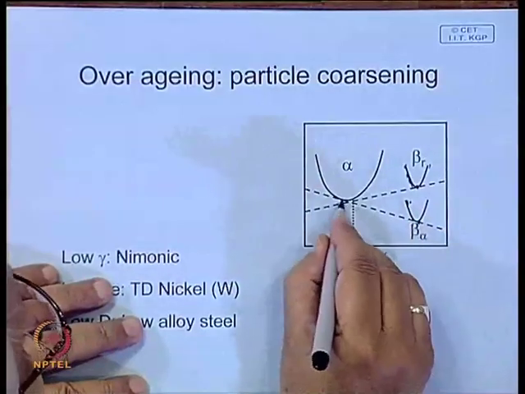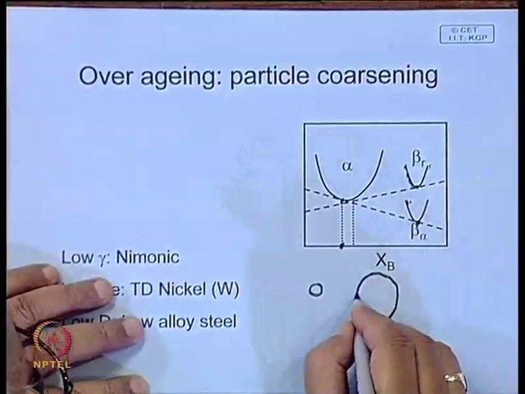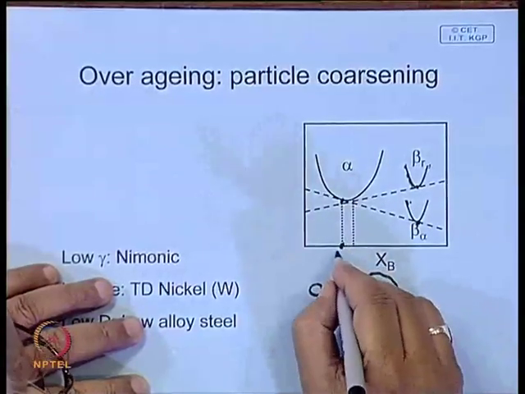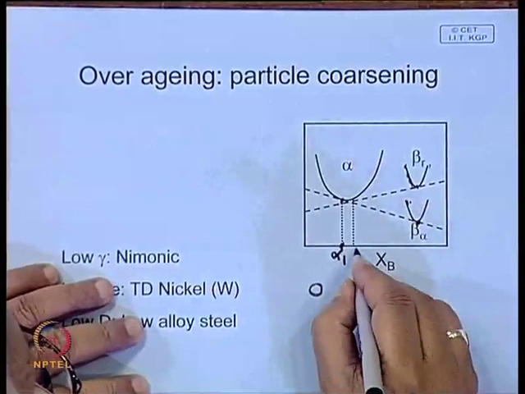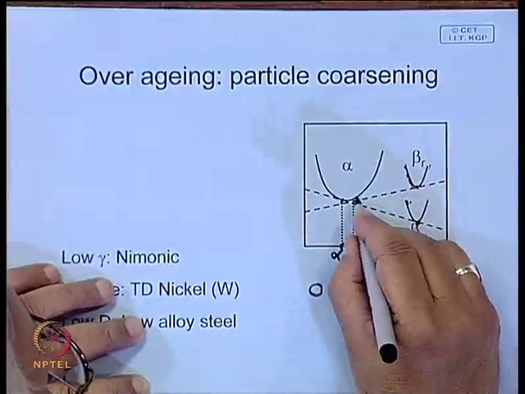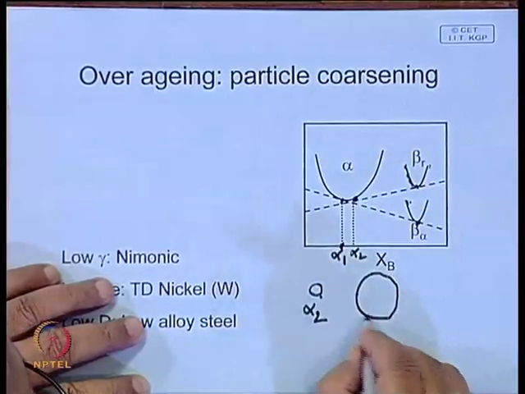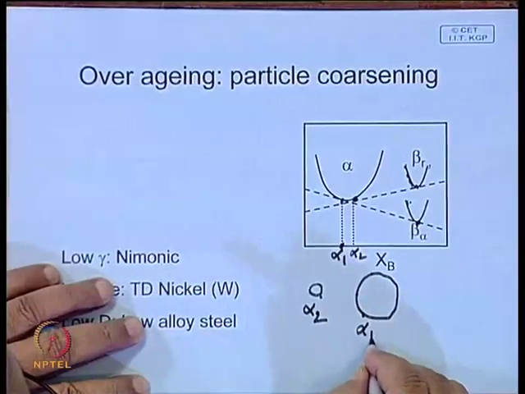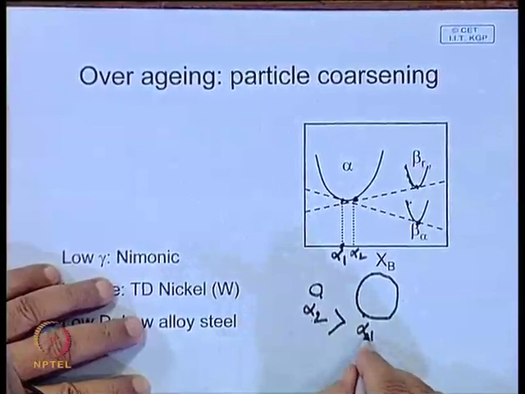Now, if you draw that, say this is alpha 1 composition, this is alpha 2. Here at the smaller precipitate the concentration is alpha 2, and here the concentration is alpha 1, and alpha 2 is greater than alpha 1.